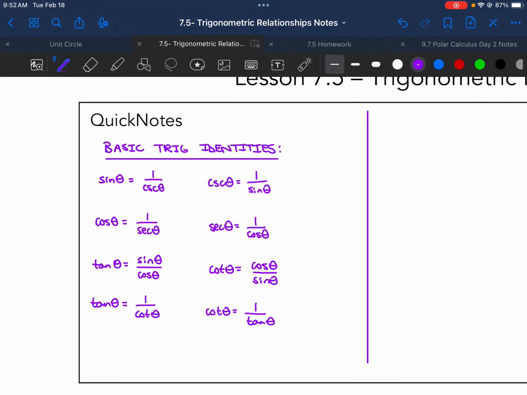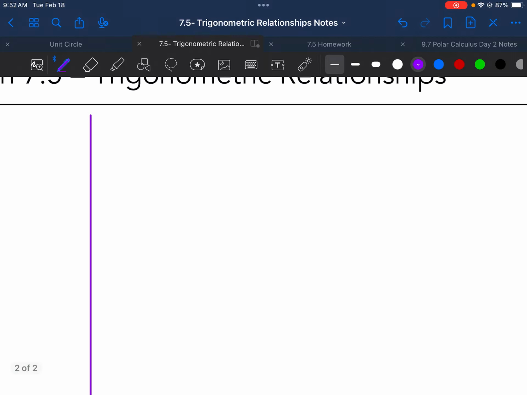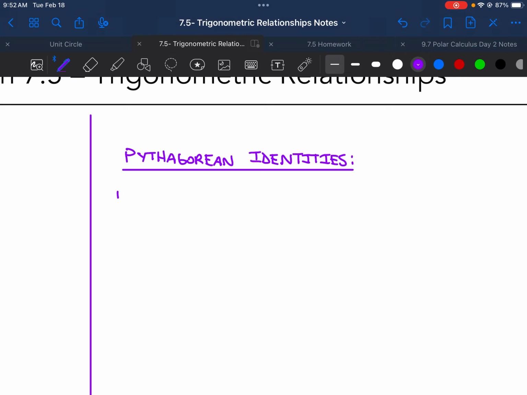Now the next set of identities, very, very important set of identities, are what we call the Pythagorean identities. Right? There are 3 of them.